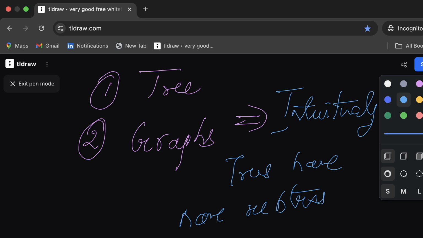So whenever you have that kind of thing, our preferable option is to go for recursion, right?